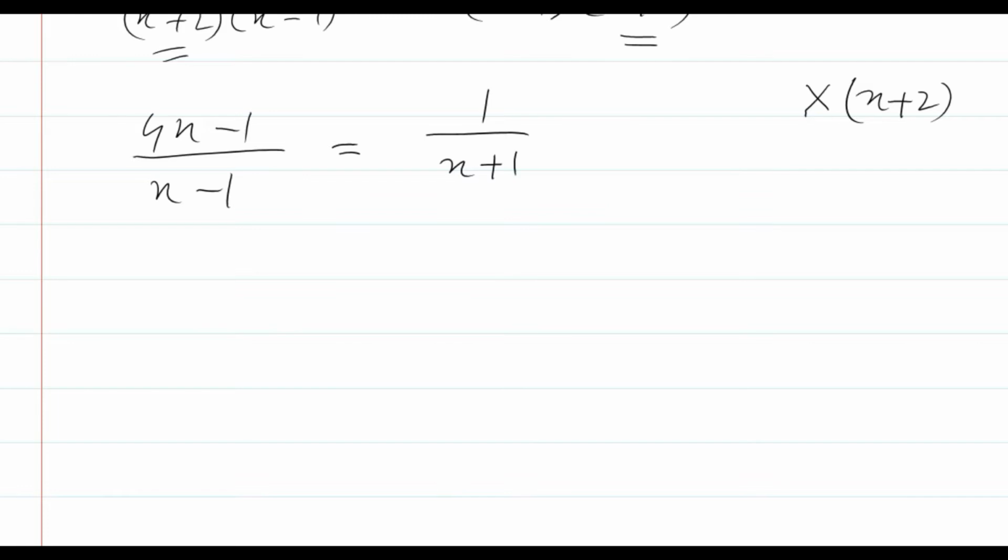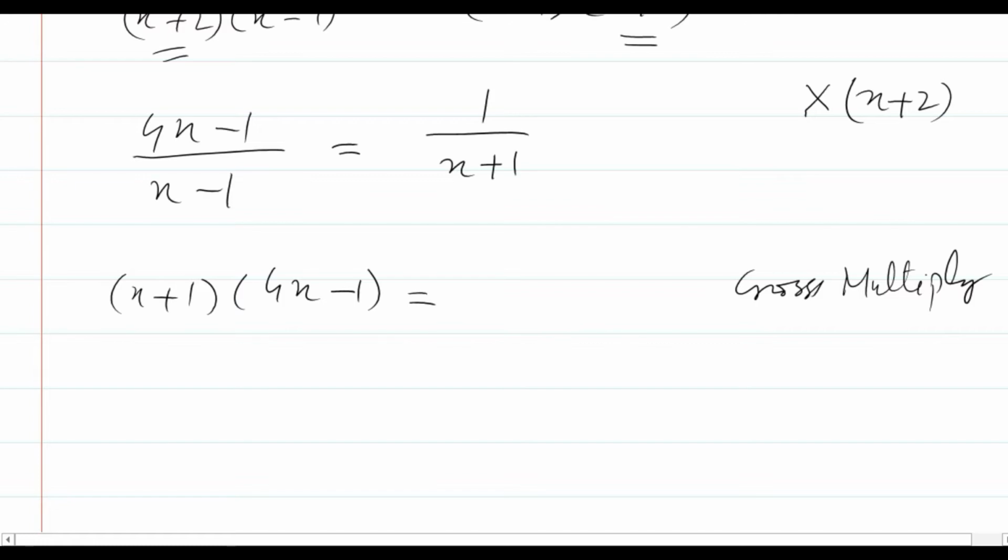Now cross multiply. You will get x plus 1 times 4x minus 1 equal to x minus 1.